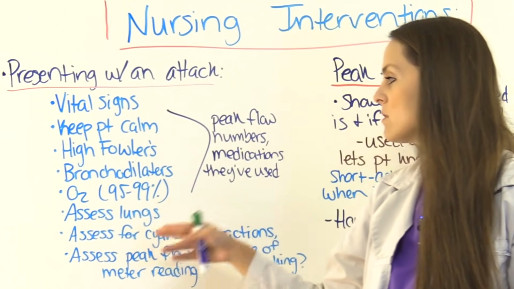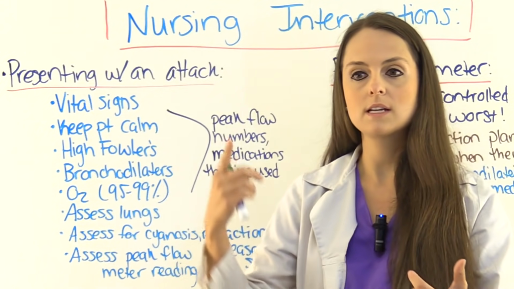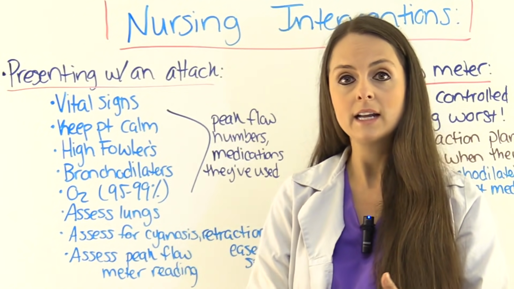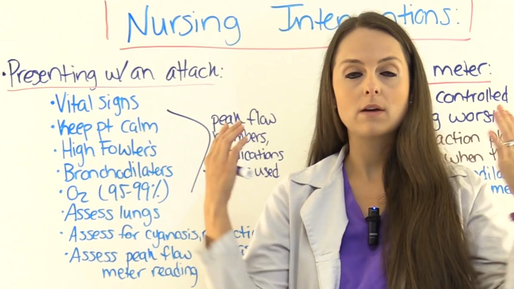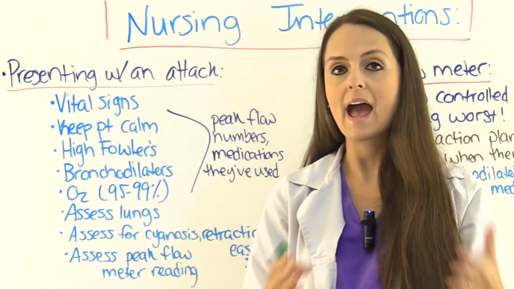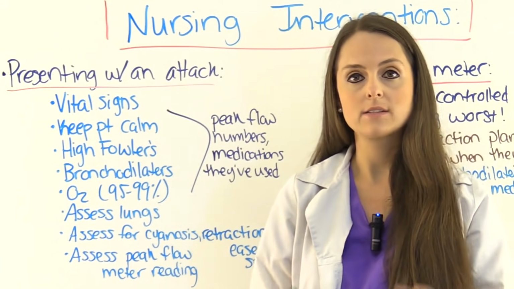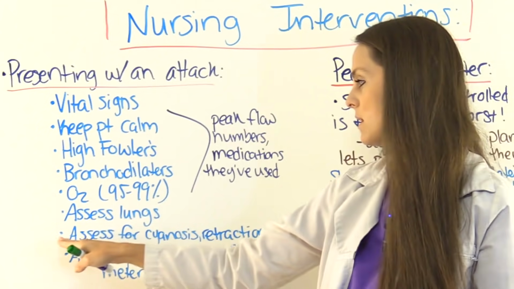We want to assess those lungs before we give them medications, because we're listening for that wheezing. While giving them a nebulizer treatment, and after, we want to see how has that wheezing decreased? Are they breathing better? So listening with our stethoscope to that.